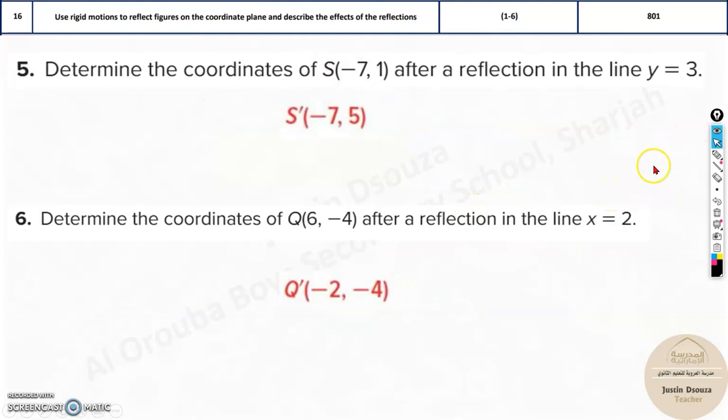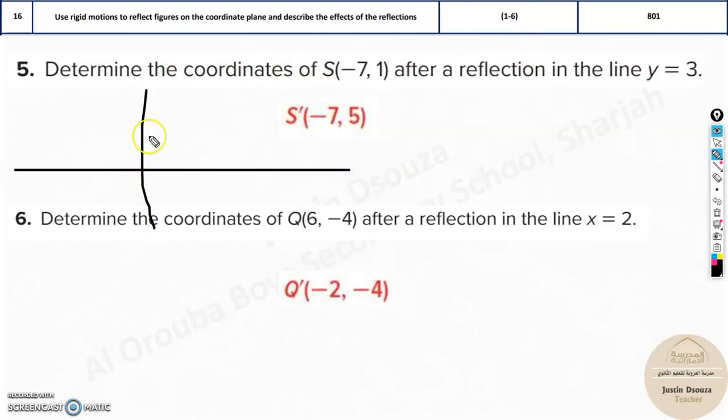Now here they have given a coordinate. We had seen the first problem, right? You have to plot this. Now imagine this is the xy axis, -7 comma 1 somewhere over here, and you're reflecting along the line y equals 3. That means there is a 2 units difference. This is 1, this is 3, so there is 2 units difference.